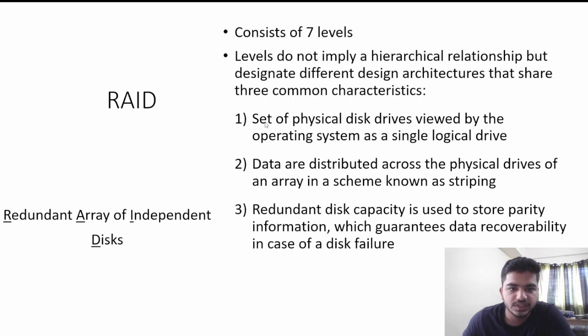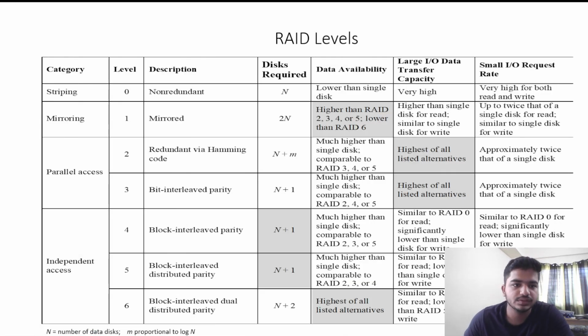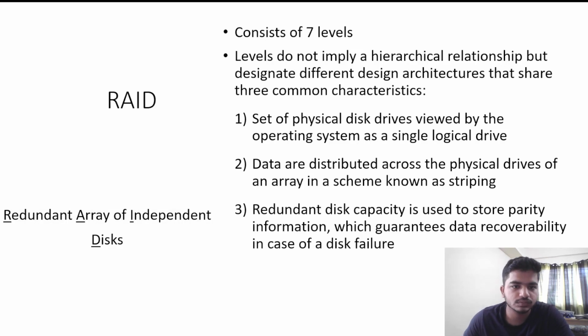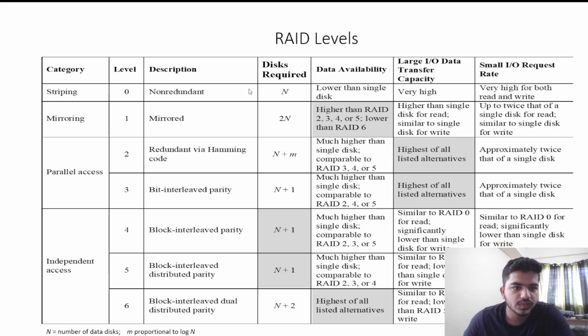The first is a set of physical disk drives. Second, data is distributed across the physical drives. Third, redundant disk capacity is used to store parity information. These are the RAID levels: 0, 1, 2, 3, 4, 5, 6. Level zero is non-redundant. Level one is mirrored, levels 2 and 3 use parallel access, and levels 4, 5, 6 come under independent access.